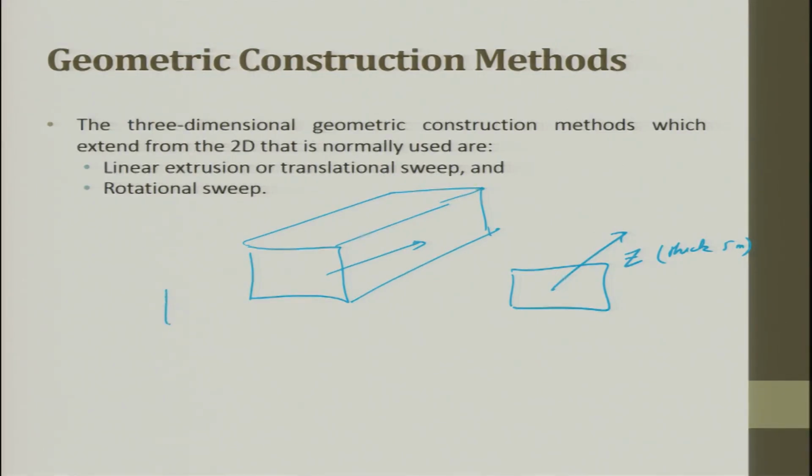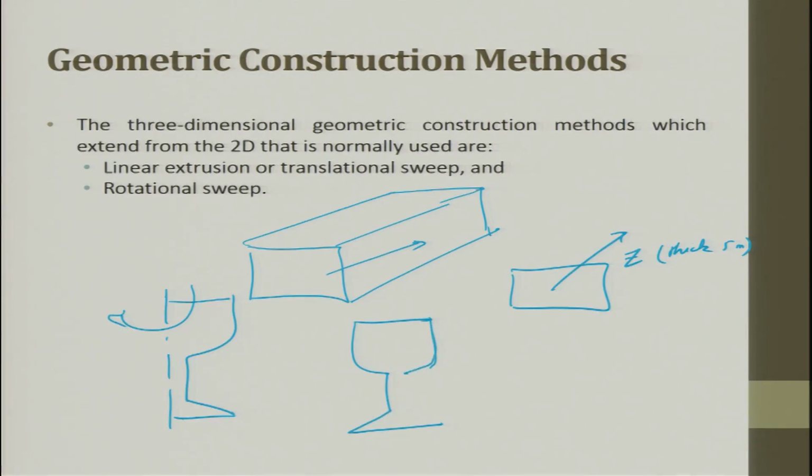If you want to do a rotational sweep, this object, when you have a rotational sweep, is converted into a full solid object. This is a rotational sweep. So, these are 3-dimensional geometric construction methods extended from 2D.